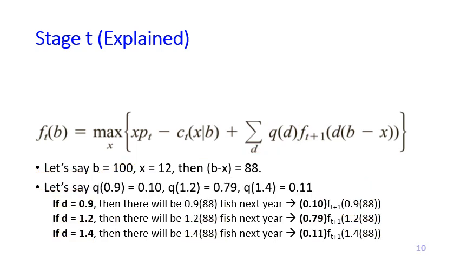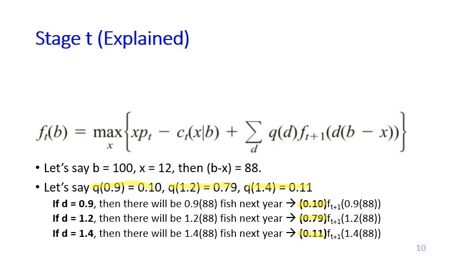Now let's make up some numbers again. Let's say Q0.9 equals 0.10, Q 1.2 equals 0.79, Q 1.4 equals 0.11. And then we replace those Q's with the probabilities.